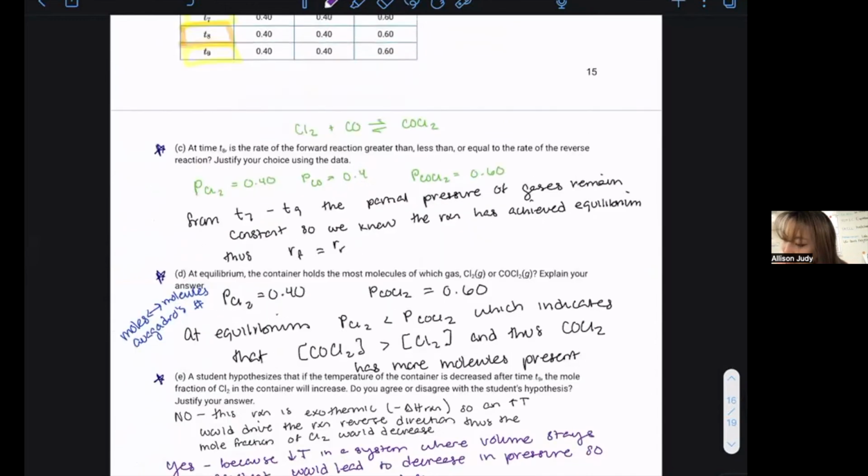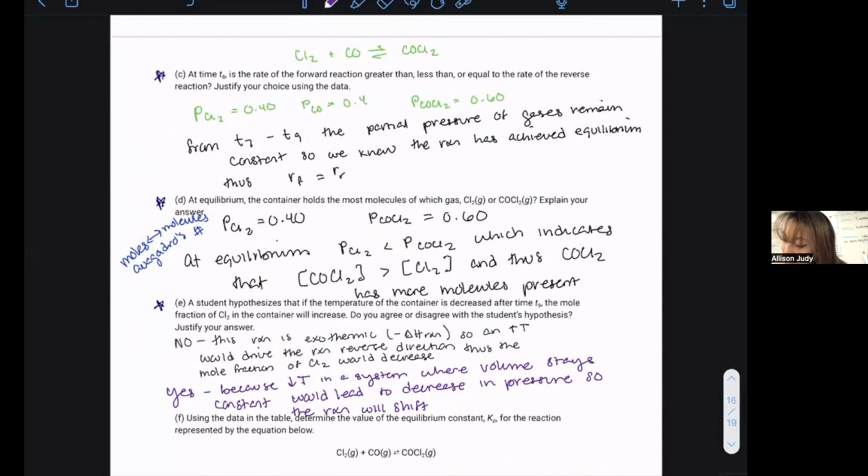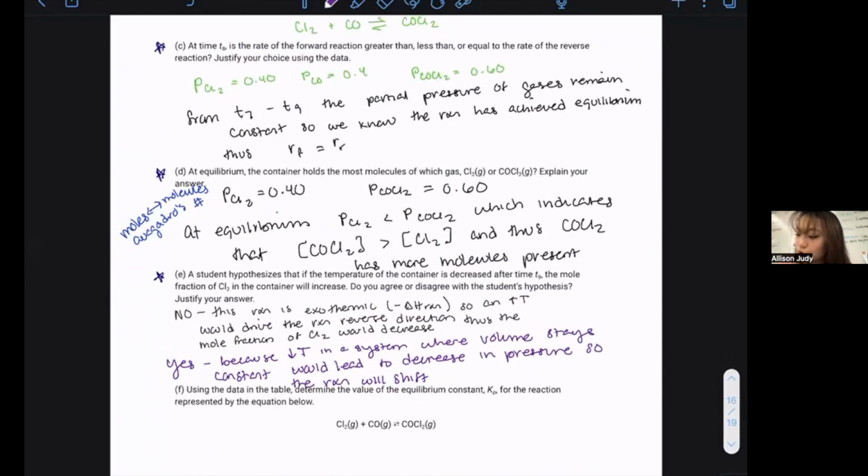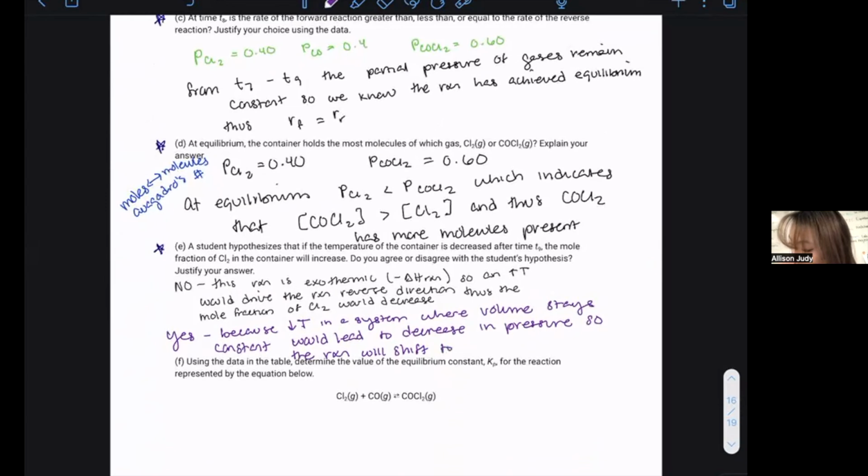So we would say that the reaction will shift toward the Cl2 side to increase moles and thus pressure. Okay.